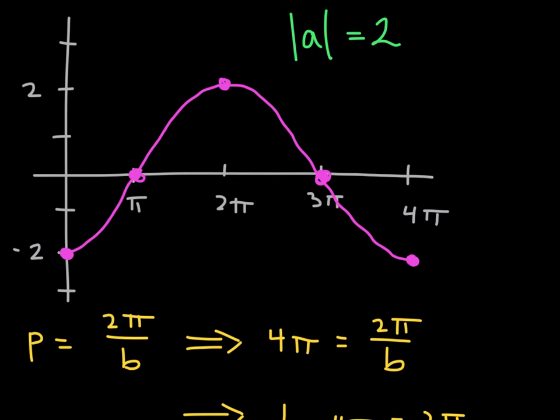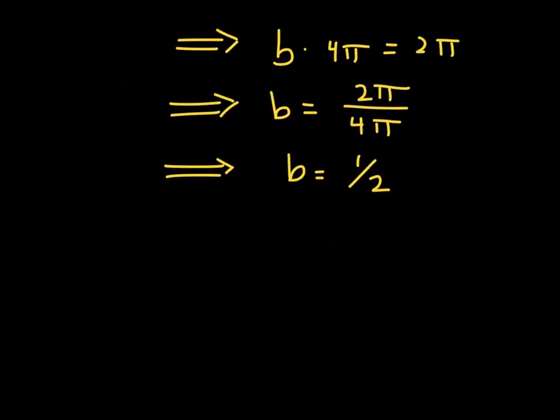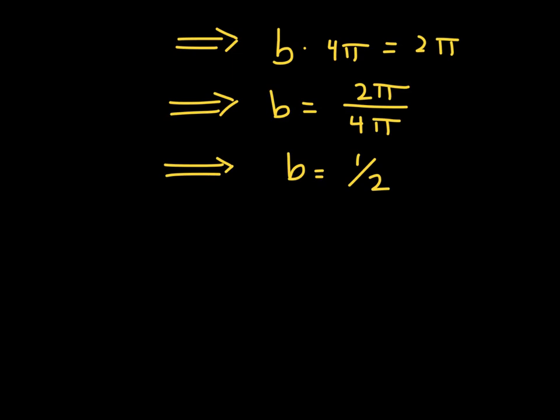So let me take this A value and my b value and see if I can write this out for us. So how about y is equal to negative 2 cosine of one-half x?